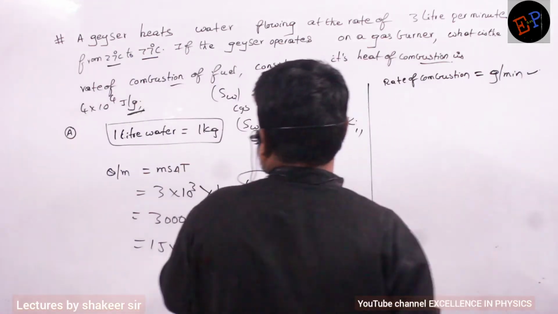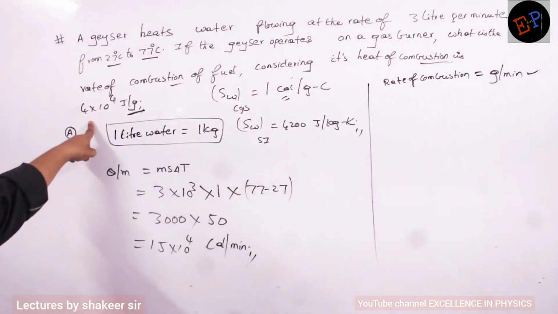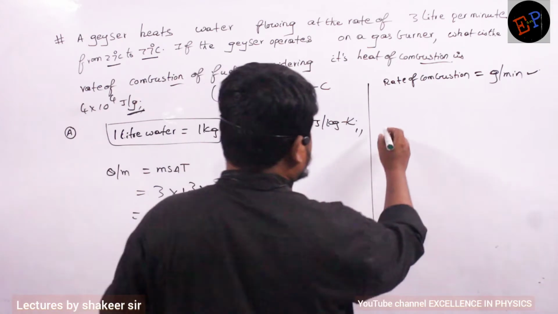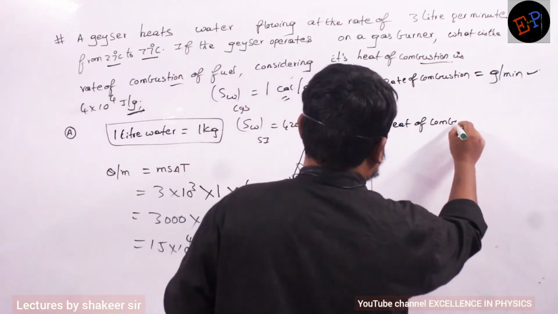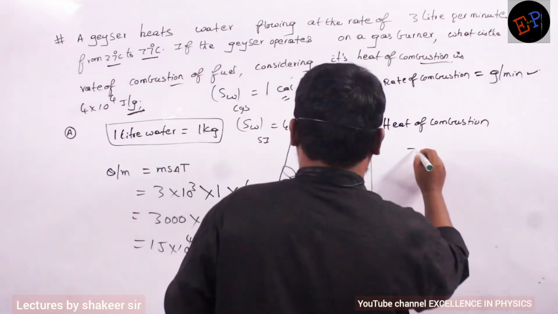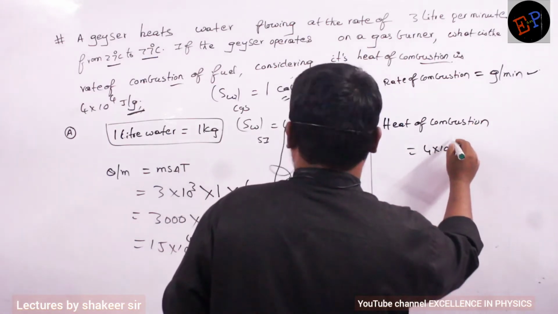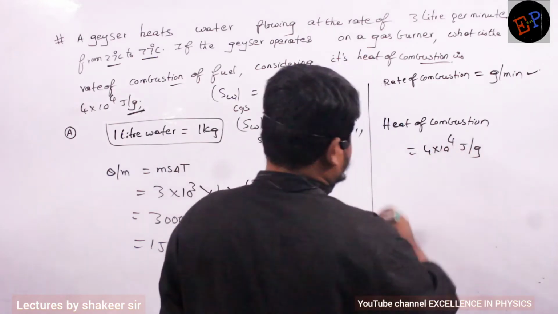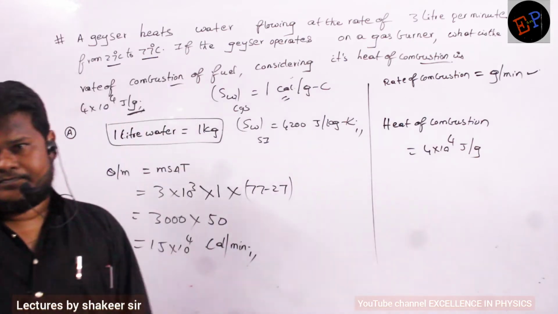Now let us see what other data is given. The heat of combustion is equal to 4 into 10 power 4 joules per gram. Now, what is meant by heat of combustion?